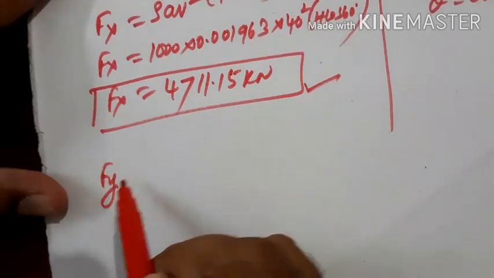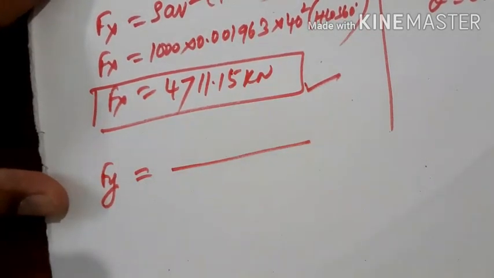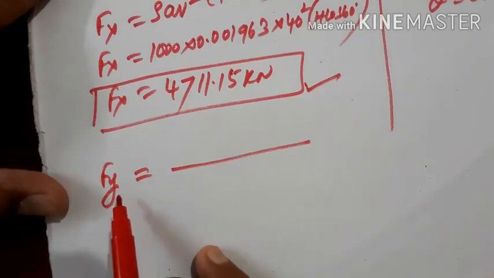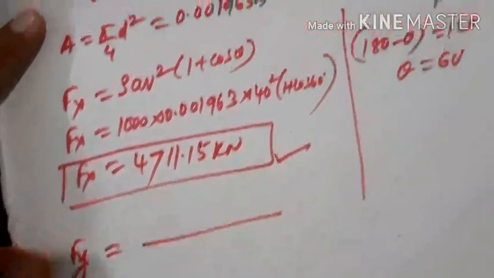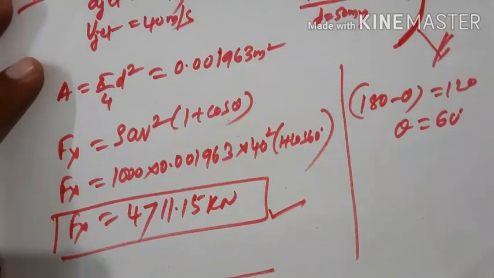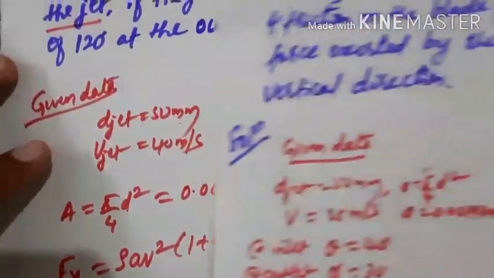Suppose if they asked for the force exerted by the jet in y direction, calculate the force in y direction. So these are some numerical problems, simple problems. So practice these problems.